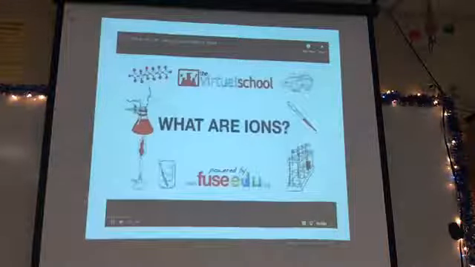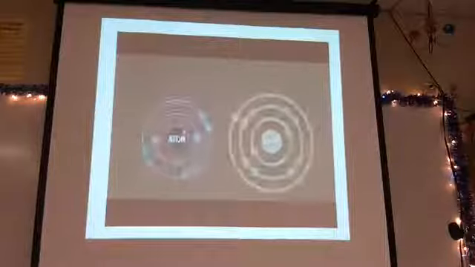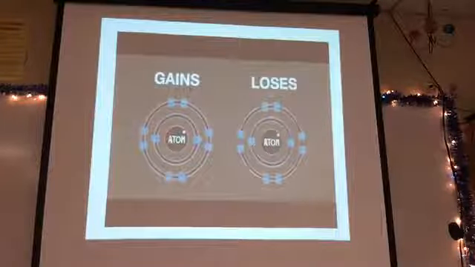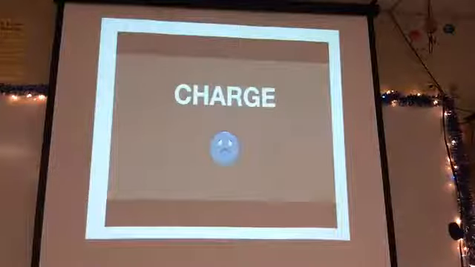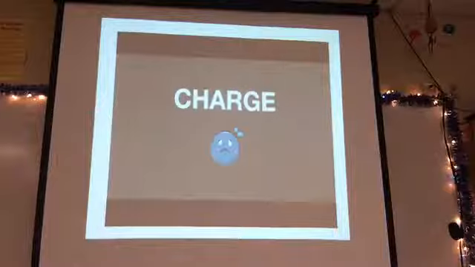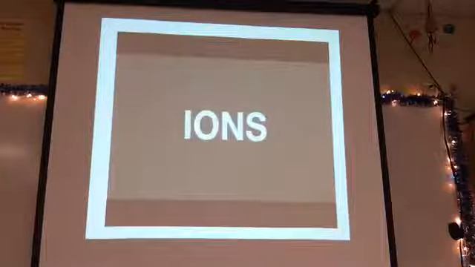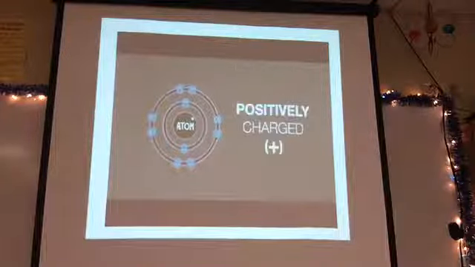In this lesson, we will learn about what ions are and how they are formed. When an atom gains or loses electrons, they develop a charge. Recall that electrons are negatively charged, so the gain or loss of electrons will create a charge. These charged particles are called ions. When an atom loses electrons, they become positively charged.